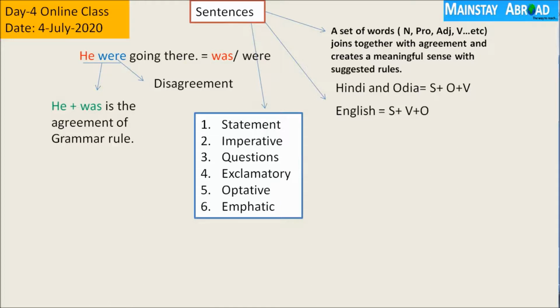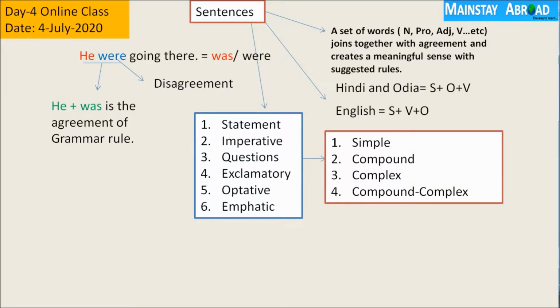These 6 kinds of sentences can create more sentences when they combine with structures. After we study how to create statement, imperative, question, exclamatory, optative and emphatic, we can come to know how these 6 kinds create 4 kinds of sentences which are very important for your speaking and writing. That is our main target. They are simple, compound, complex, and compound-complex. These are the 4 sentences we need to write and speak to improve our English communication.